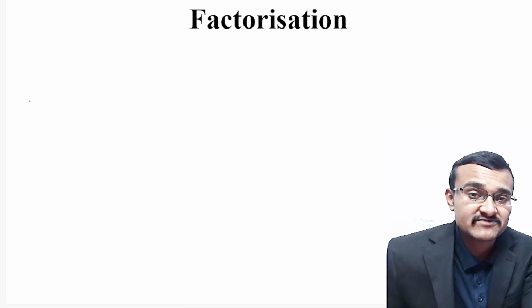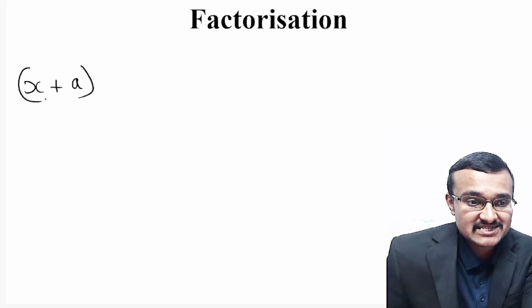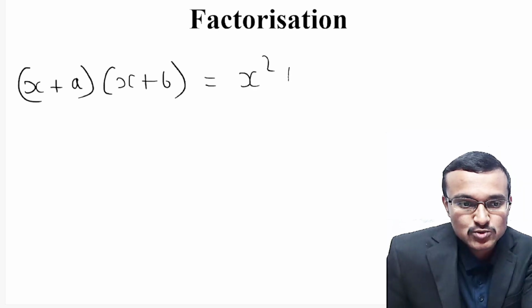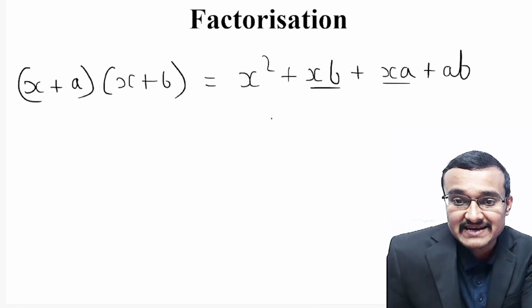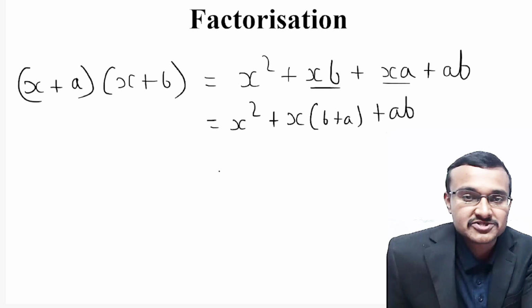There is one more identity discussed in this concept. That is (x + a) into (x + b). When you do (x + a) into (x + b), it will be equal to x square + xb + xa + ab. Here you can take x common in these two terms. So when you take x common, it will be x into (b + a), plus ab outside the bracket.